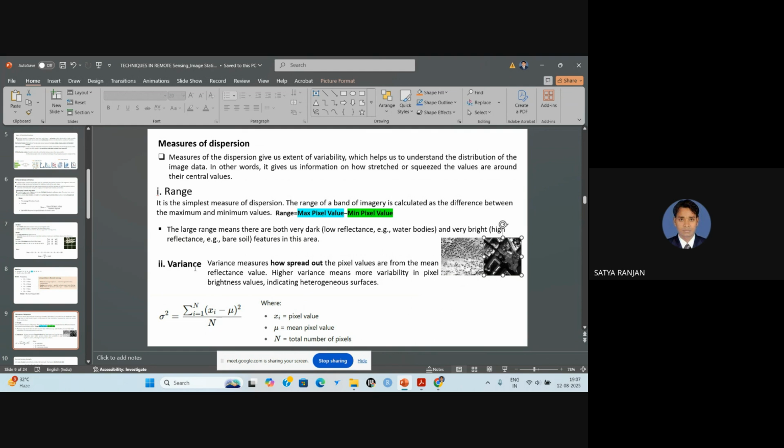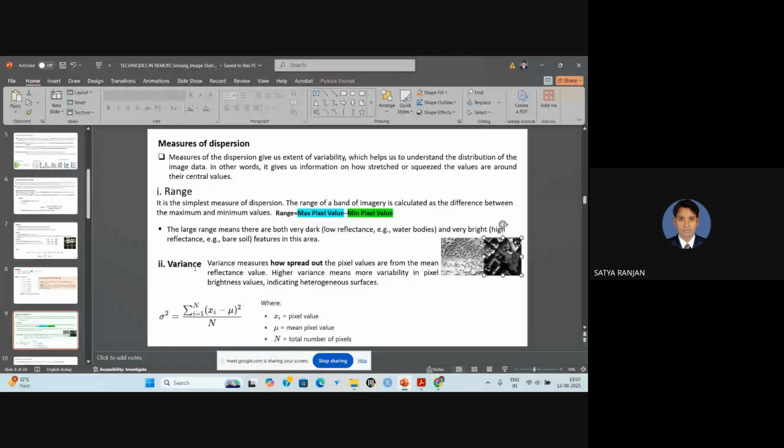Then variance, another measure of dispersion, that measures how spread out the pixel values are from the mean reflectance values. Higher variance means more variability in the pixel brightness values, indicating a heterogeneous surface. So if only white patches are there in the satellite image, then it is a low variance image.